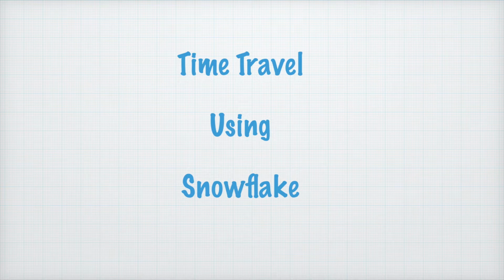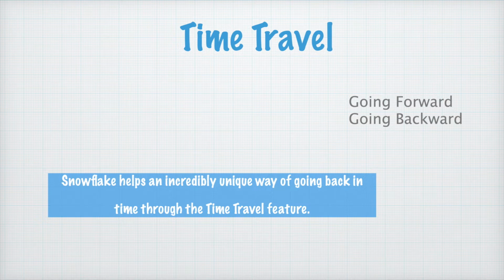Time travel is a concept of traveling through time, either into the past or into the future. So there are two ways for time travel. The first one is time travel to a future date.